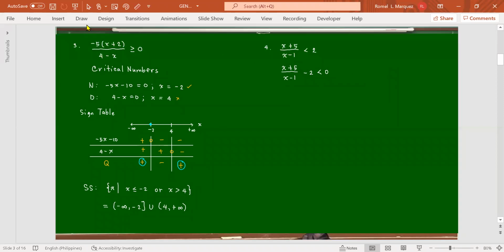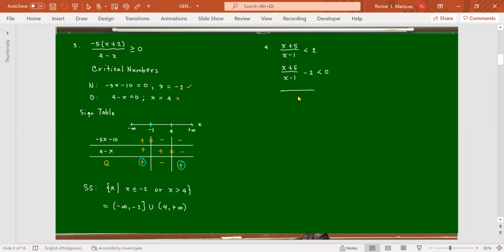But if there's no variable, we multiply. As long as your multiplier is not a variable, you know what the value exactly is. If you multiply by negative, you know that it is negative. If you multiply by positive, you know that it is positive. So what am I going to do? Get the LCD. So you transpose everything on the left side and then get the LCD and then combine.